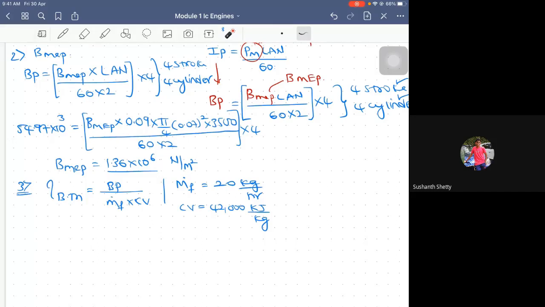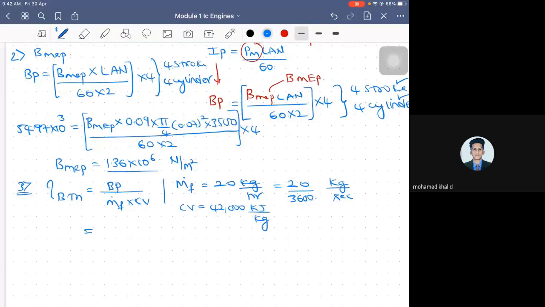We have to convert it into kg per second. Very good. So convert into kgs per second. How do you convert it? 20 kgs per hour, so divided by 3,600.